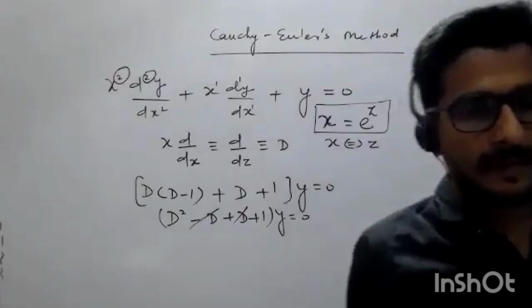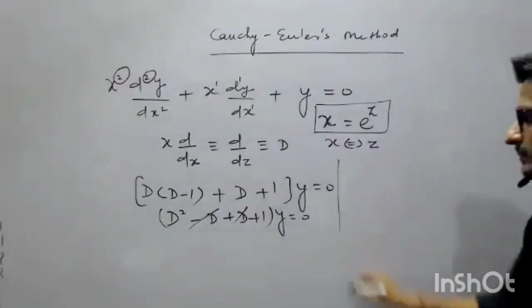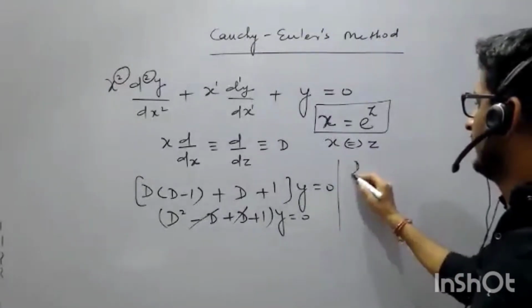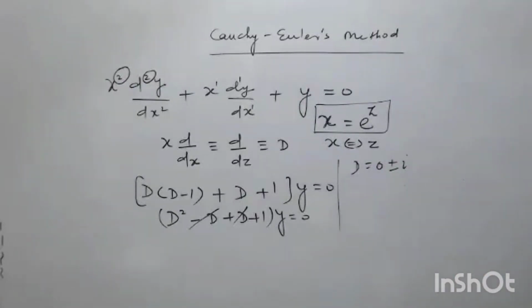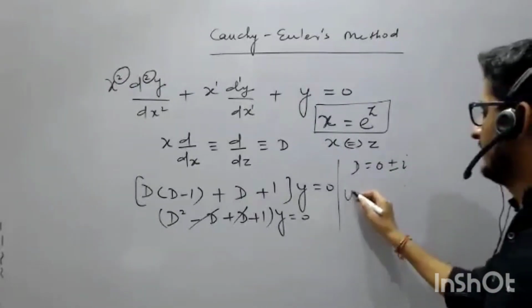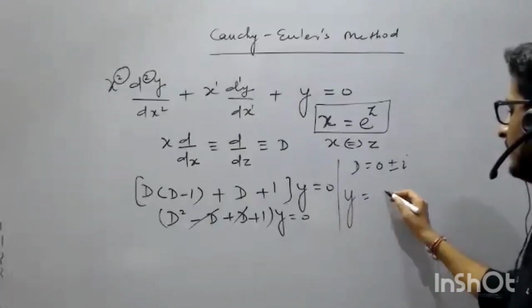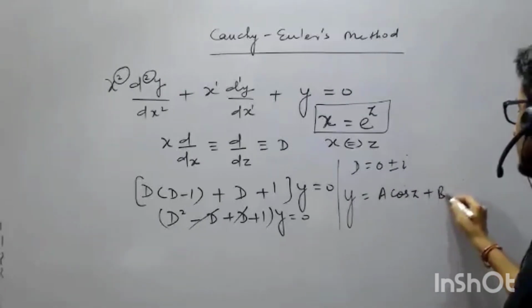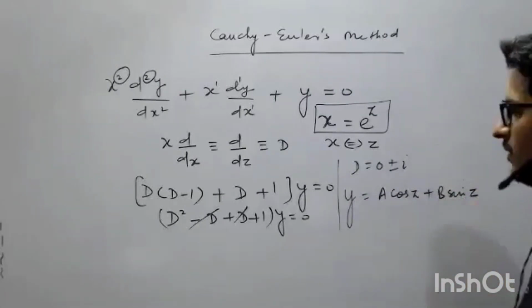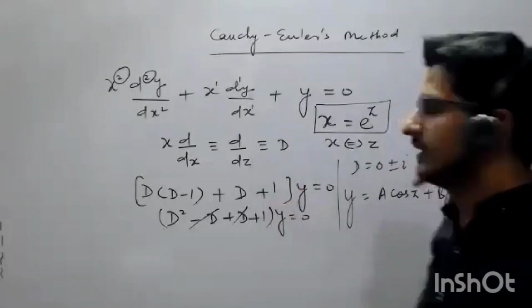How to solve this? So you will get the value of D as 0 plus minus iota, and y will become a cos of z plus b sine of z, because now your new operator is in z.